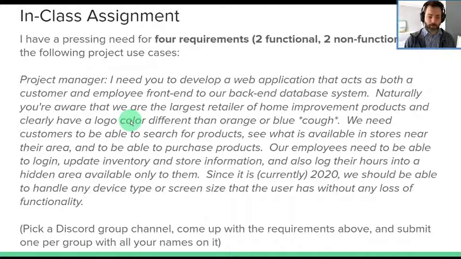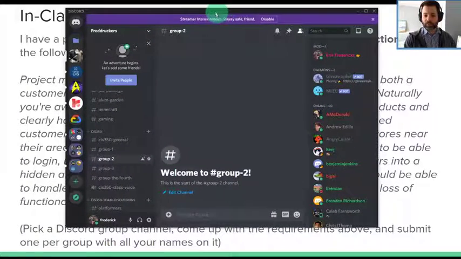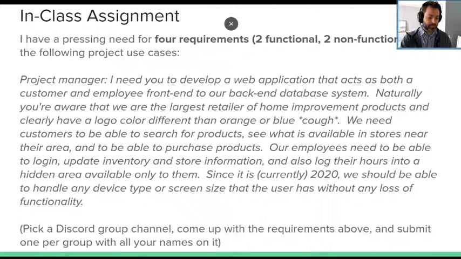So pick a Discord room. And again, I've got those created for you already. And discuss which 2 functional and which 2 non-functional requirements you want to implement. Specifically different groups. So this is intended to kind of be a, I guess I take that back.